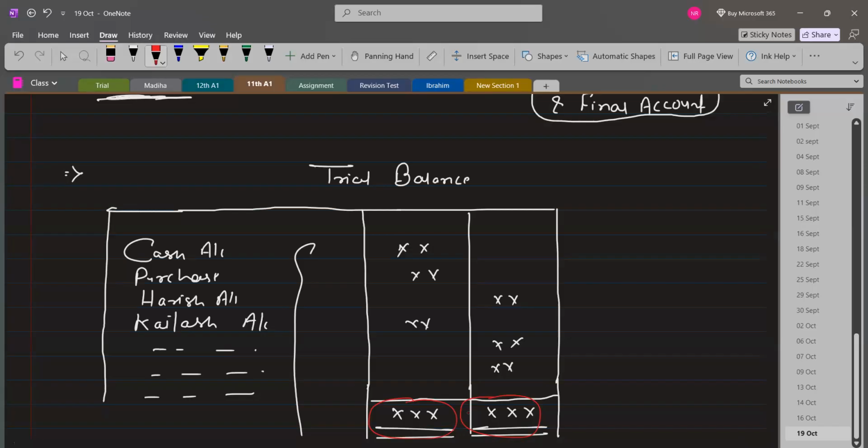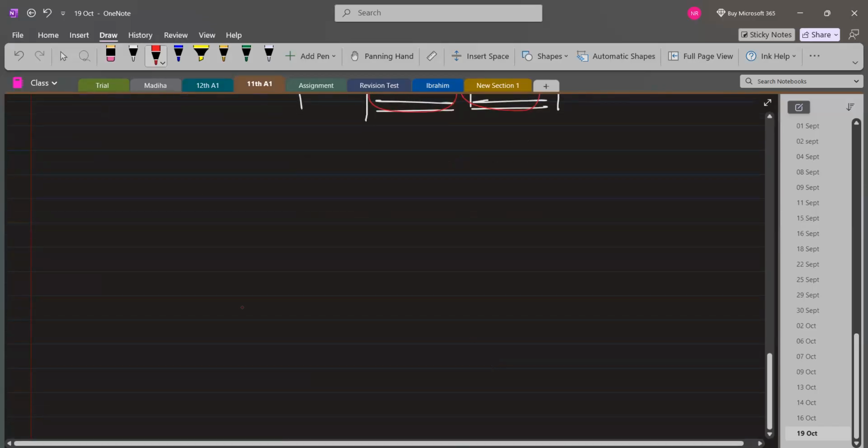Now the problem is there are different stages where we find errors. Errors before preparation of trial balance.